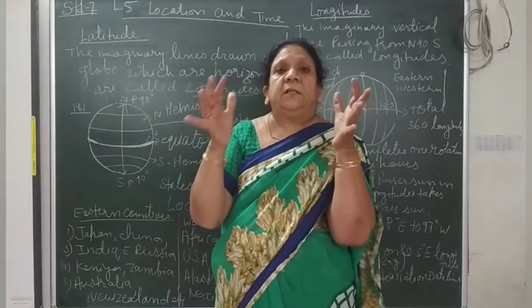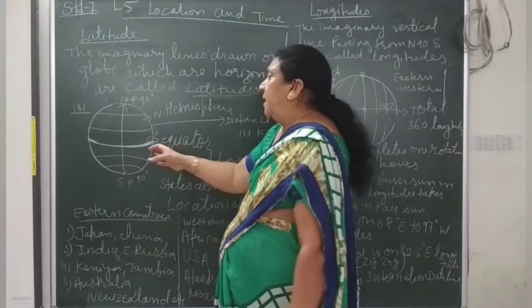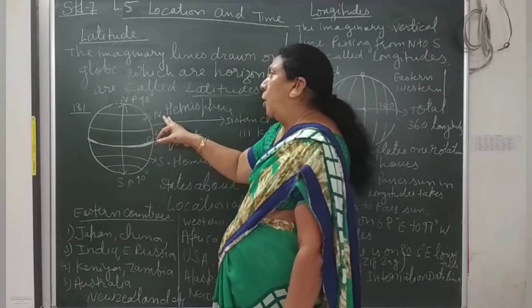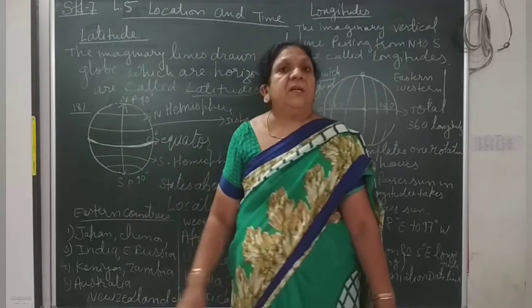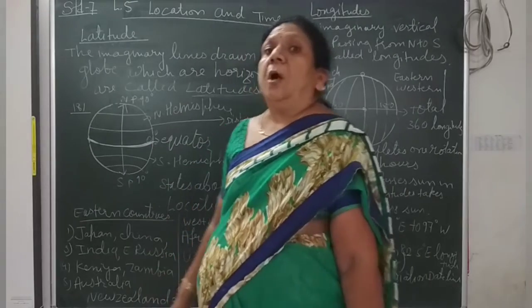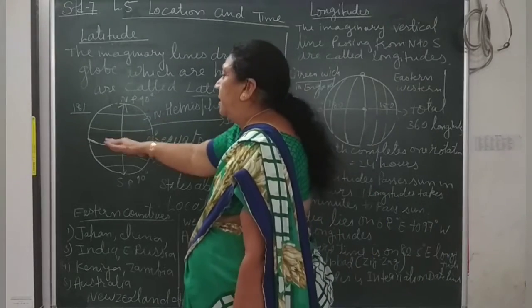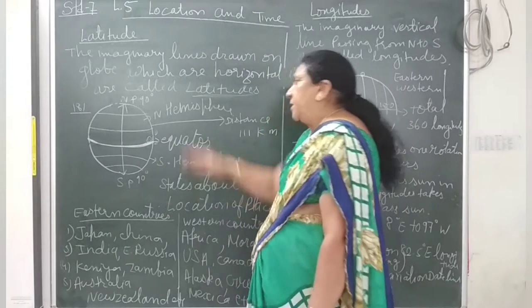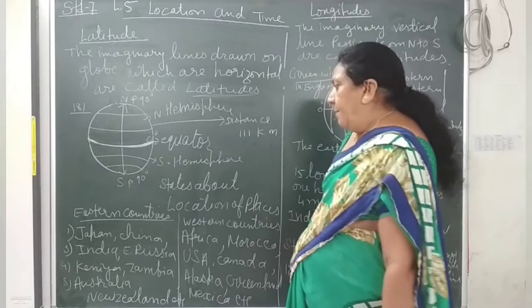This divides the earth into two halves. From the equator to the North Pole, it is called the northern hemisphere, and from the equator to the South Pole, it is called the southern hemisphere. So the parts are divided in this way by the dark line.